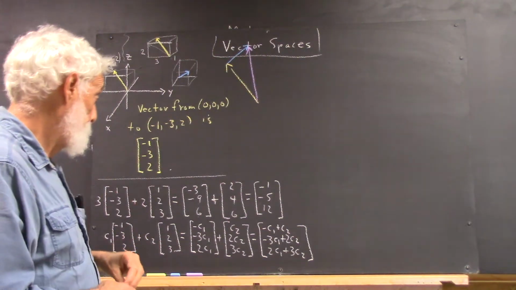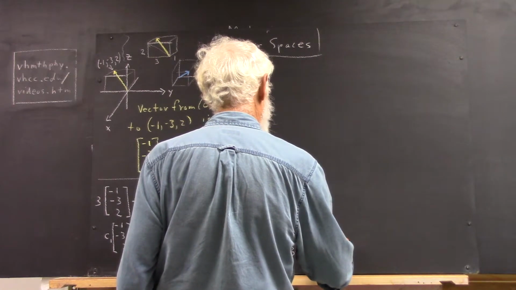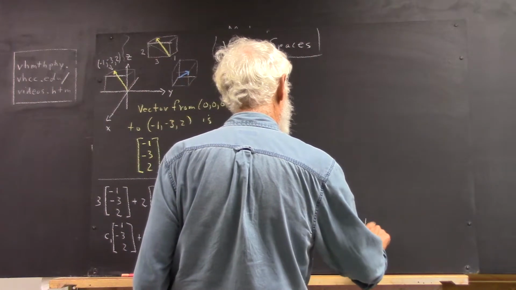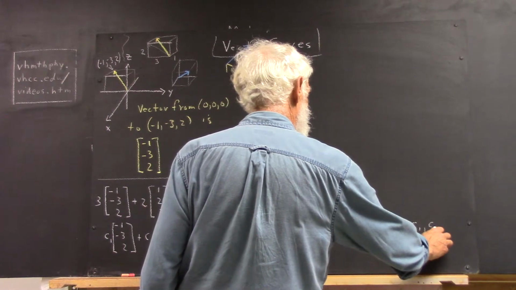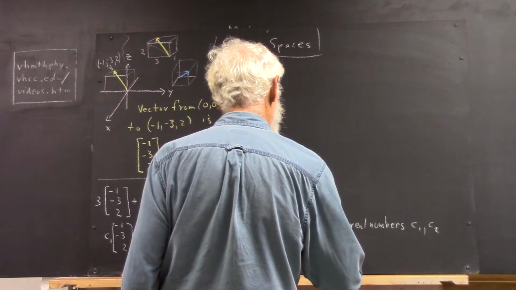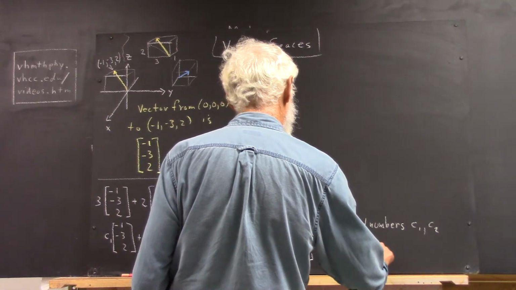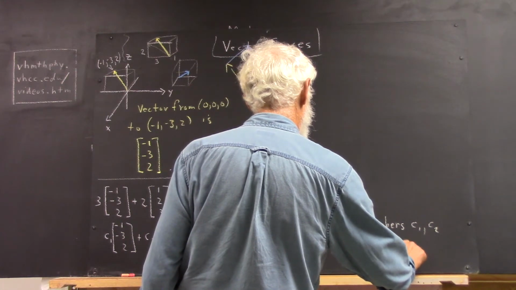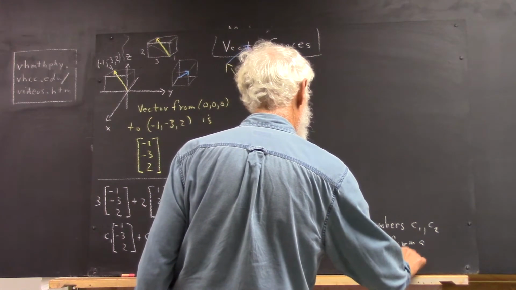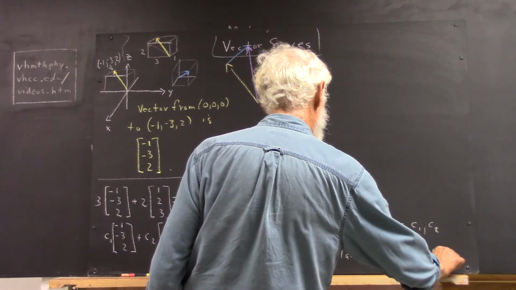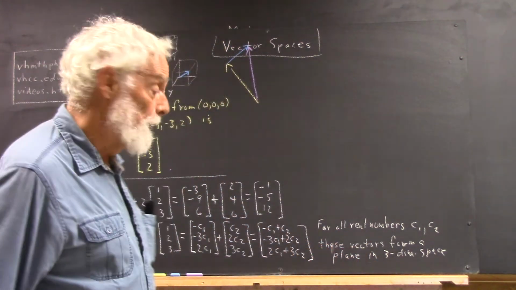So I'll say for all real numbers C1 and C2, the vectors that you get here form a plane in three-dimensional space.